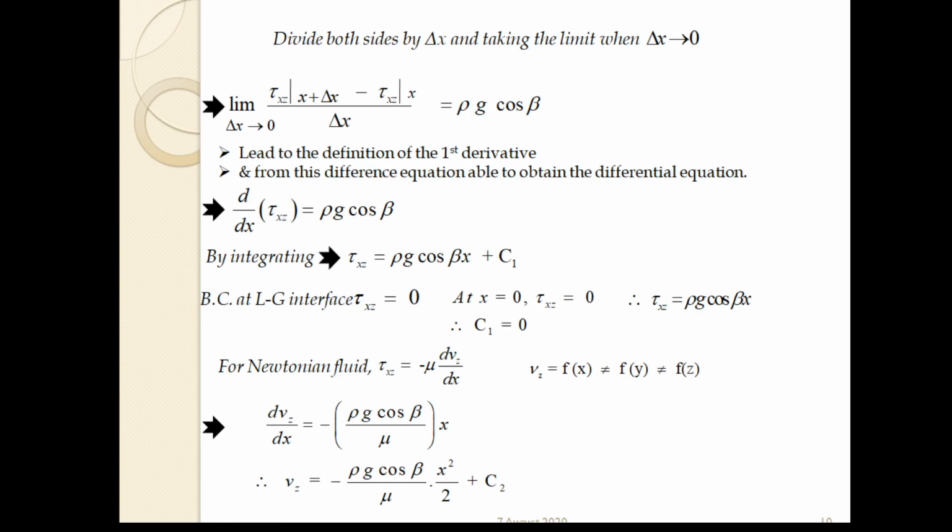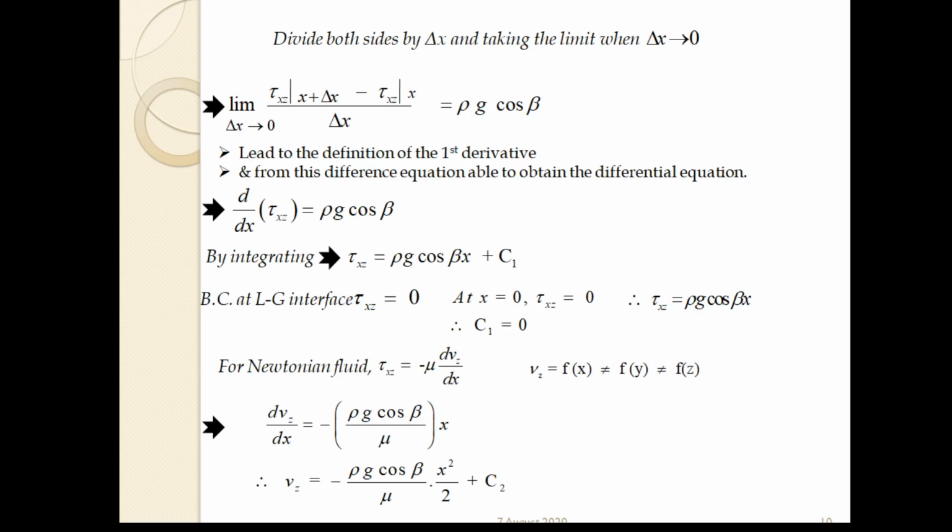So as we go further from the solid plate, after a boundary layer of the fluid, we find the air or the gas. So for this tau xz equals rho g cos beta x plus c1, we need to consider the boundary condition at the liquid gas interface.